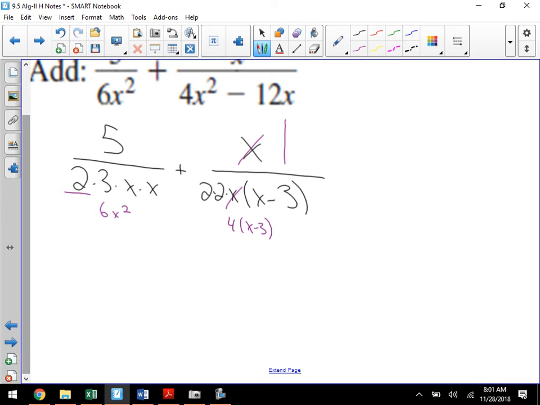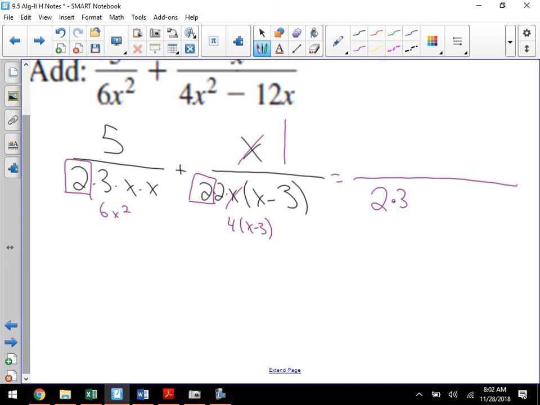Everybody agree that they have a 2 in common? So if they have the 2's in common, we know we could write that down. Do they have anything else in common? There's nothing else in common. They've got a 3, an x squared, a 2, and then x minus 3. So basically I just put all the rest of it down.